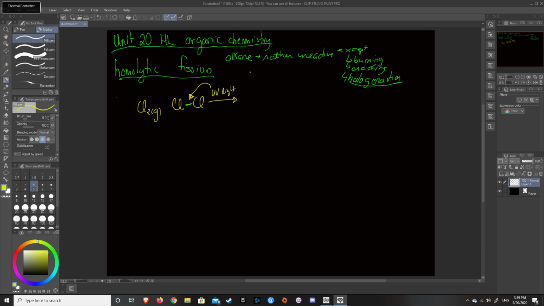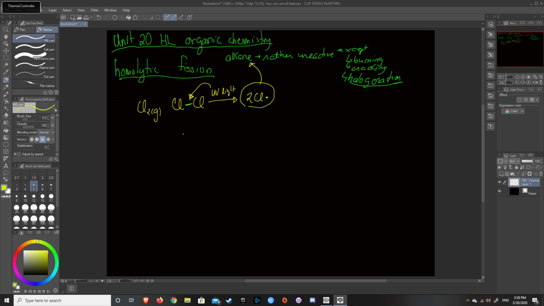When you hit it with UV light, you cause two chlorine free radicals to form. These two chlorine free radicals are very, very reactive, so since they're reactive, they can force an alkane to be reactive. This is what we call homolytic fission.